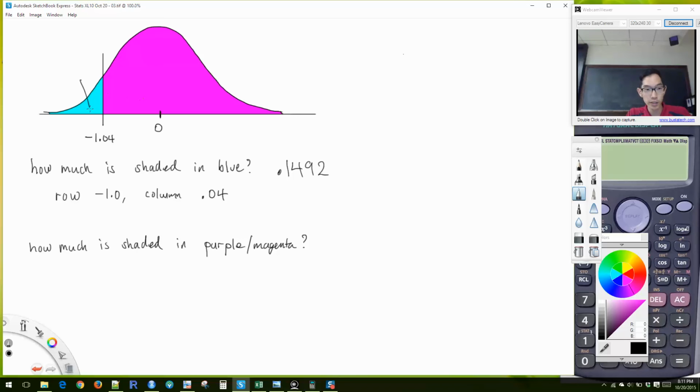So that's this area over here. This area is 0.1492. So how much is purple? Everything has to add up to 1, so I subtract 0.1492 from 1, and I get 0.8508, right?